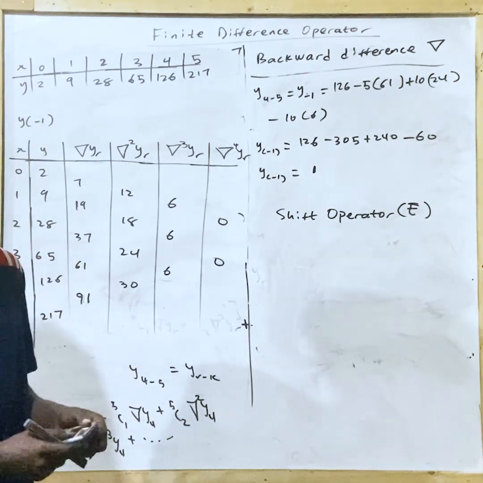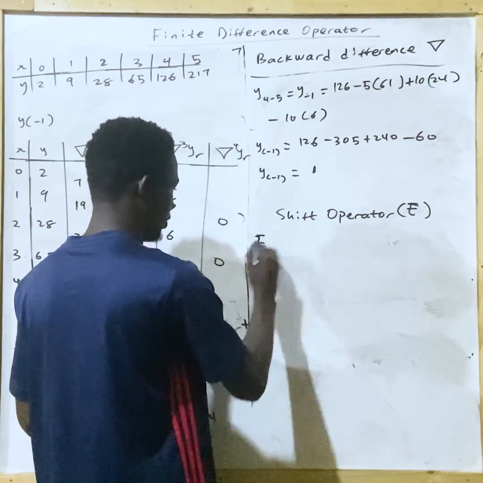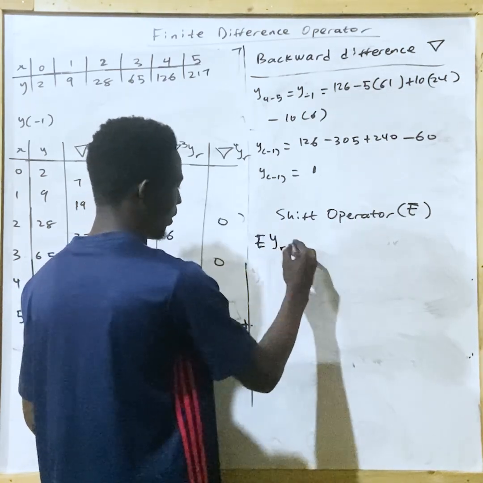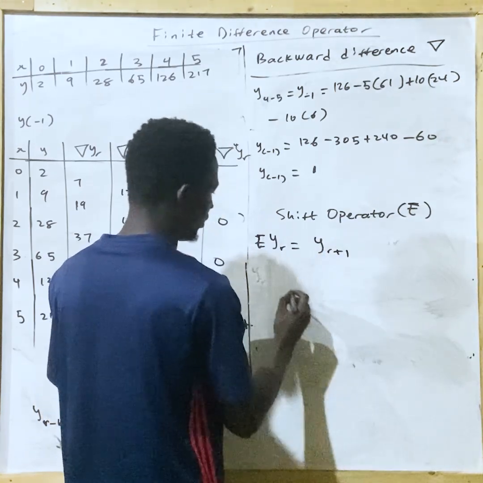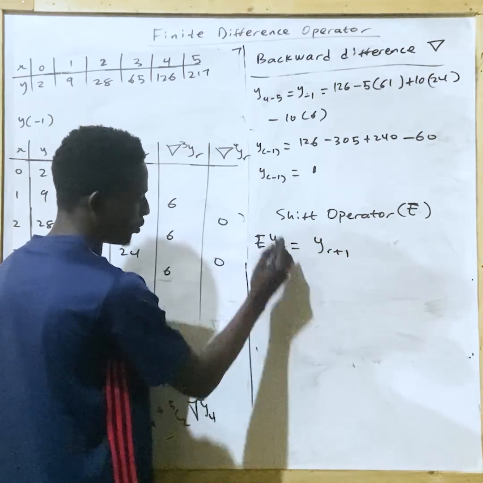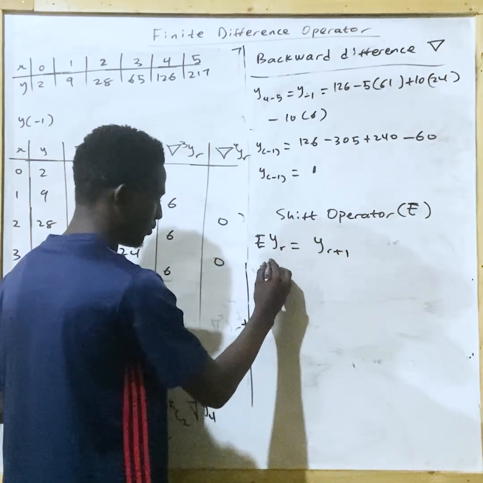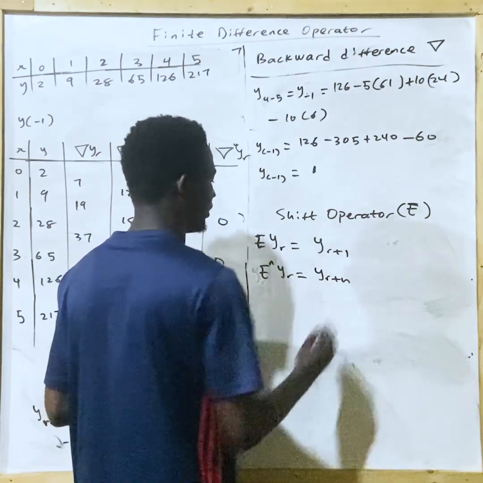Let me write it. It's denoted with E. So E of yr is just yr plus 1. Now this is 1 here because what is here is raised to power 1. So if I have E raised to power n of yr, that would be yr plus n.